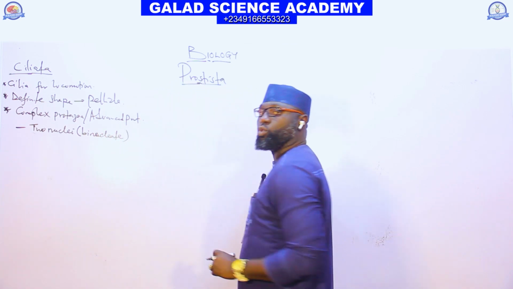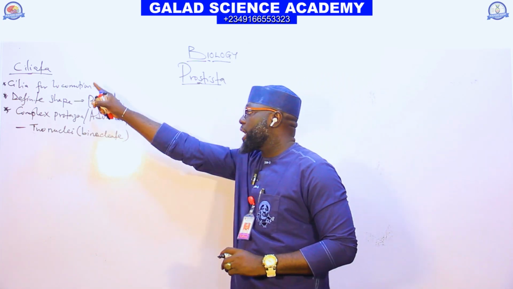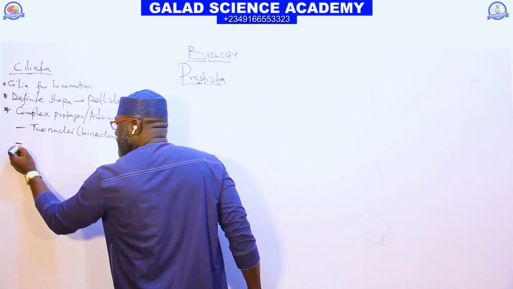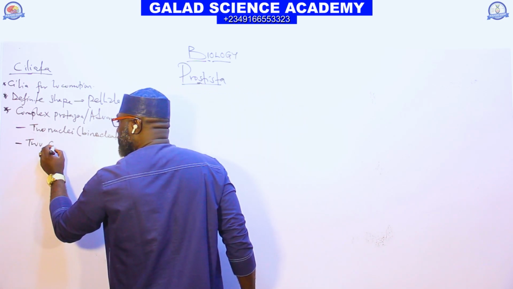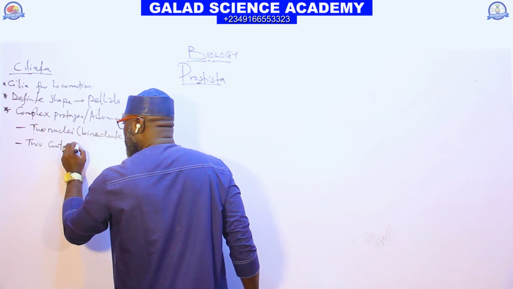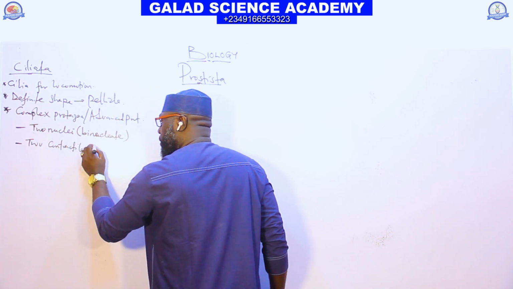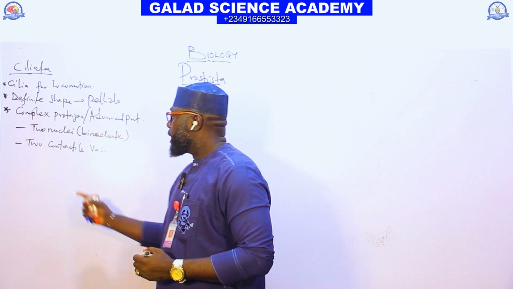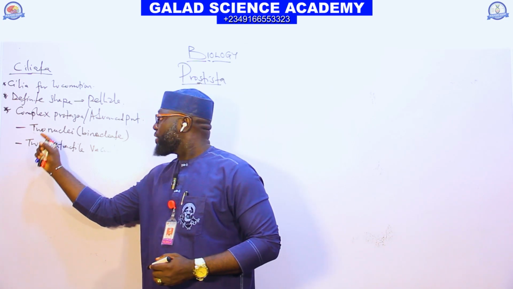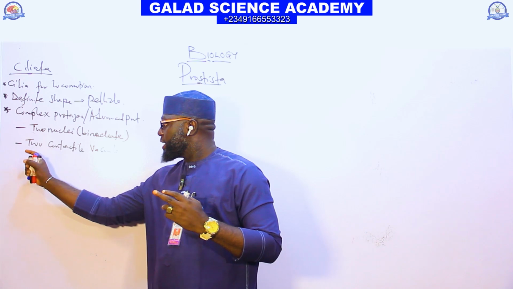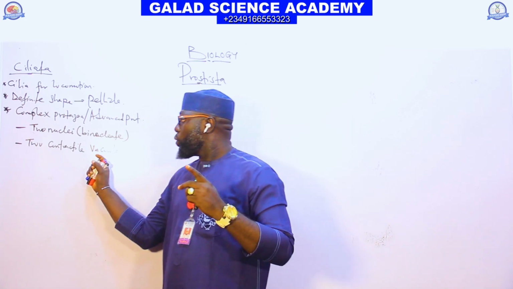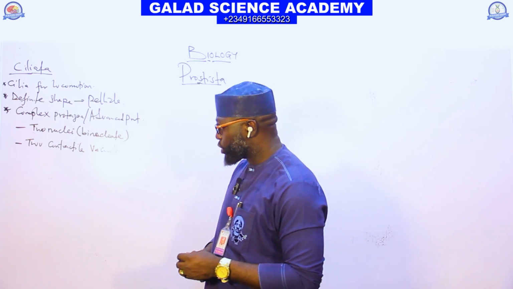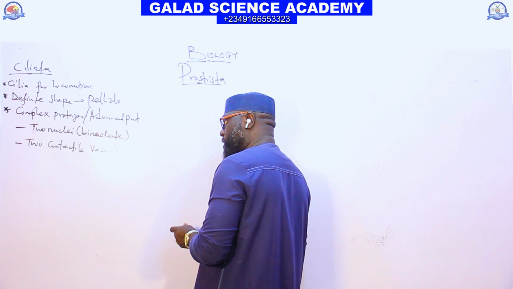They have two nuclei in Ciliata. The second one is that they also have two contractile vacuoles. So in Ciliata they have two nuclei, binucleate, and two contractile vacuoles, which is very rare in other protozoa.